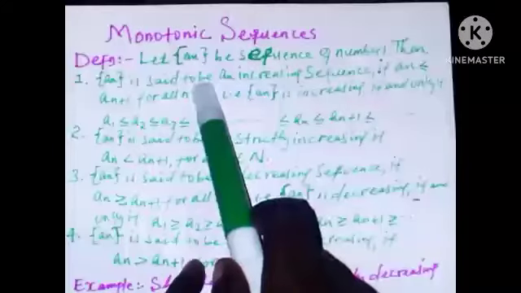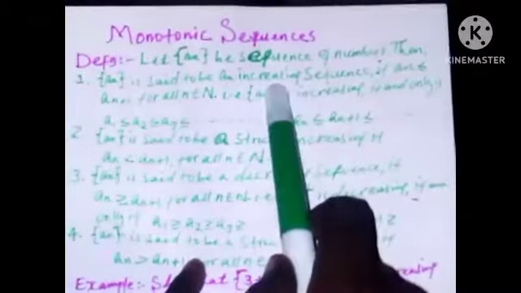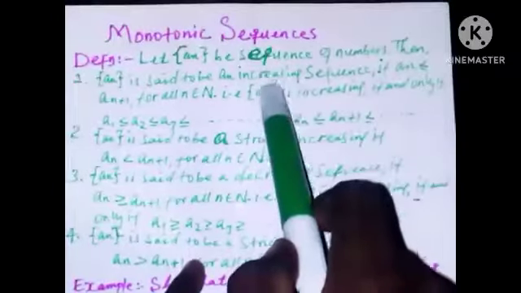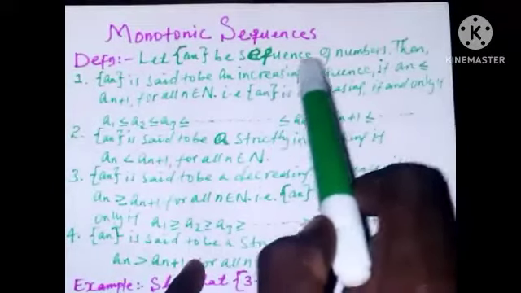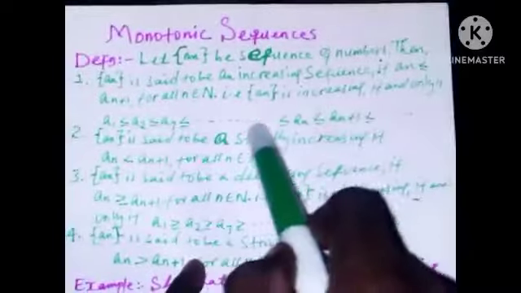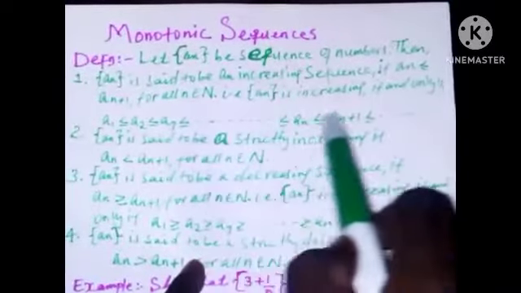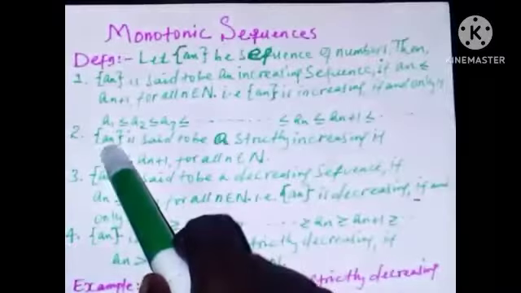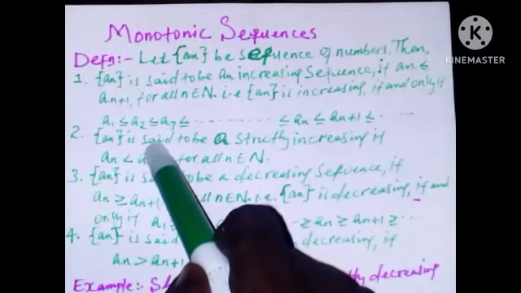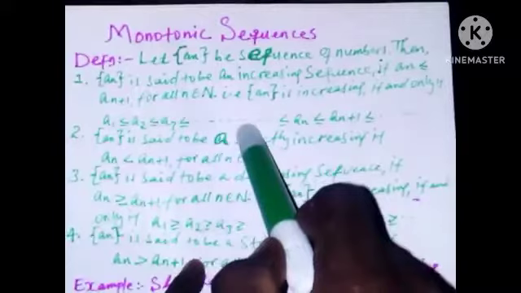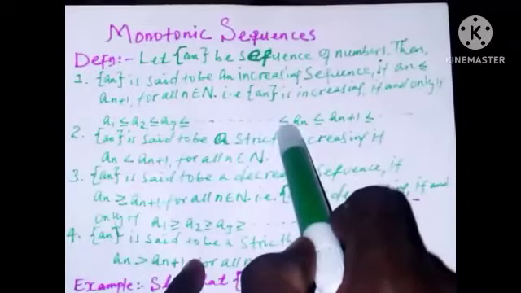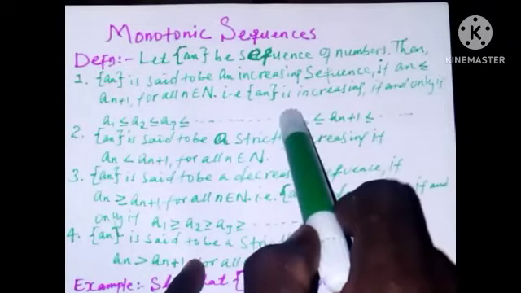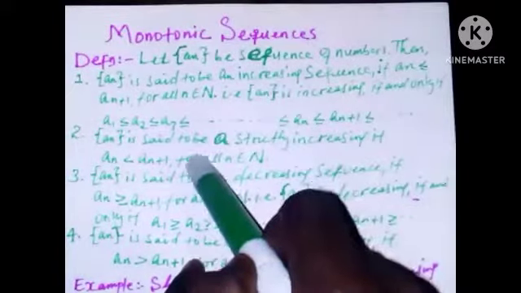The first rule is about the increasing sequence. A sequence is an increasing sequence if it follows this rule: a_1 is less than or equal to a_2, a_2 is less than or equal to a_3. If the sequence follows this rule, we say that sequence is an increasing sequence.